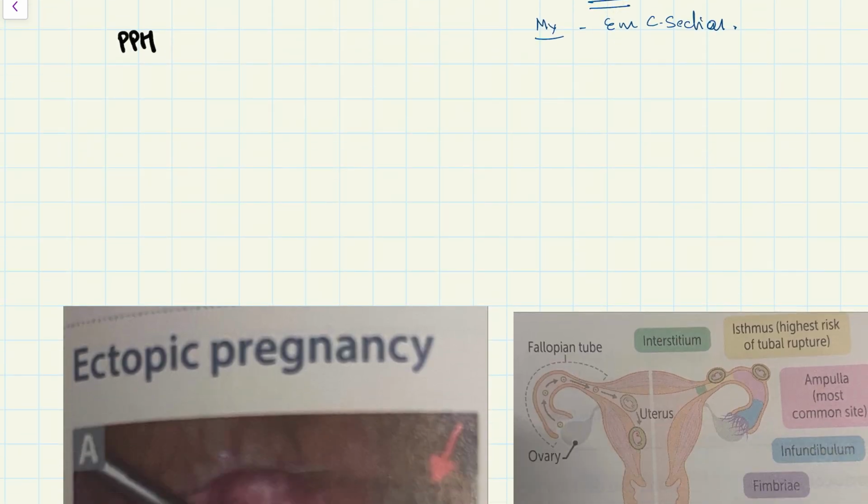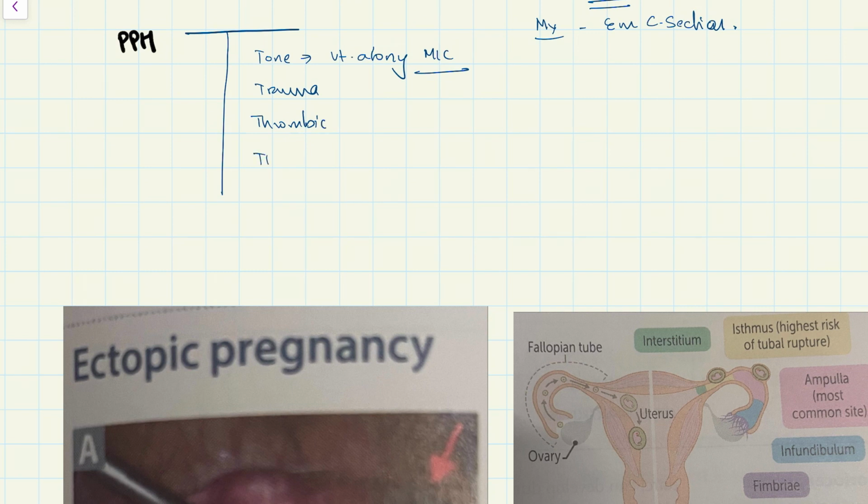The next complication we'll be studying is postpartum hemorrhage. So the causes of postpartum hemorrhage are remembered by the 4 Ts, that is tone of the uterus or uterine atony, which is the most common cause, trauma, thrombin or coagulopathy, and tissue, that is retained products of conception.